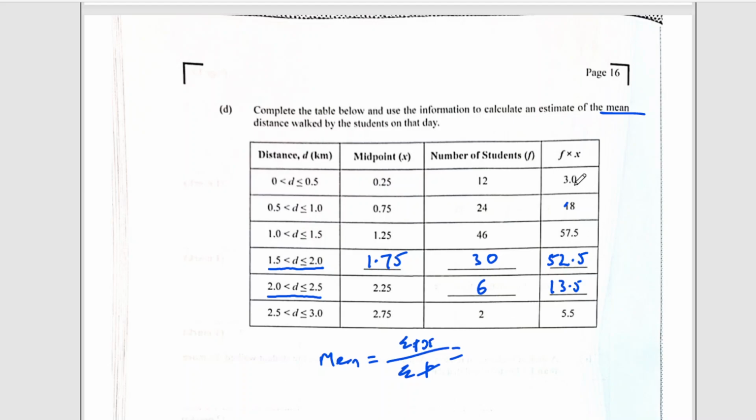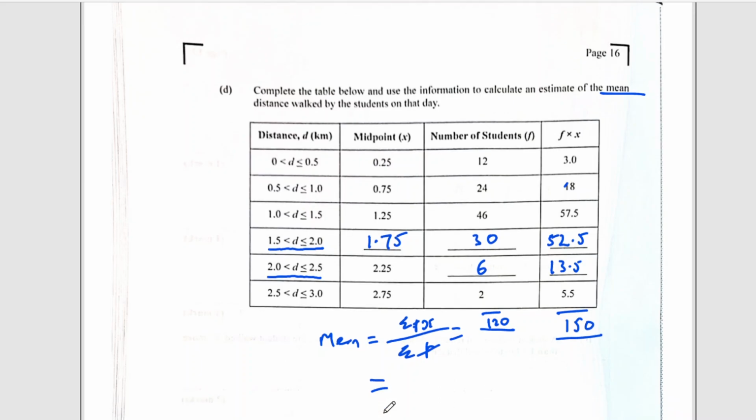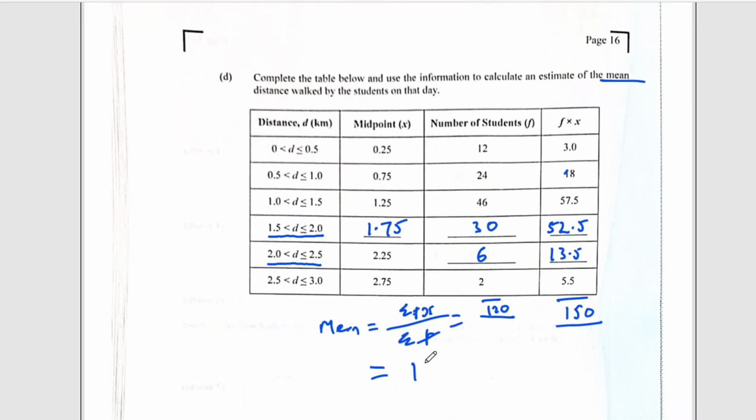Sum of fx, we total up this here, and we total up this, what do we get? 150. And the total frequency, which we know from before, is 120, so we don't have to total it up. So your mean would be 150 over 120, which is 1.25 kilometers.